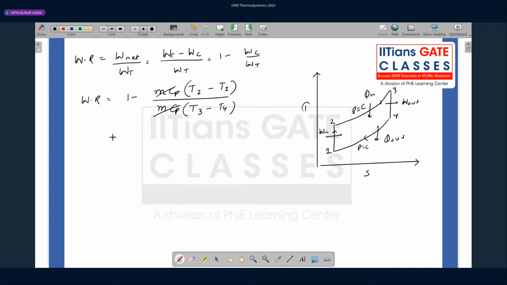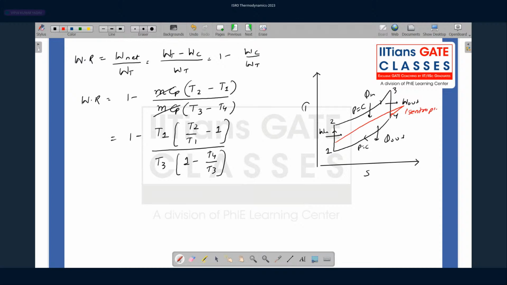So I can cancel this. Let me take out T1 from here and I can write T2 by T1 minus 1. Okay. Now let me take out T3 from here and it is 1 minus T4 by T3. Now you see both 1 to 2 and 3 to 4 are isentropic processes, which is reversible adiabatic. Okay. So what is the equation?